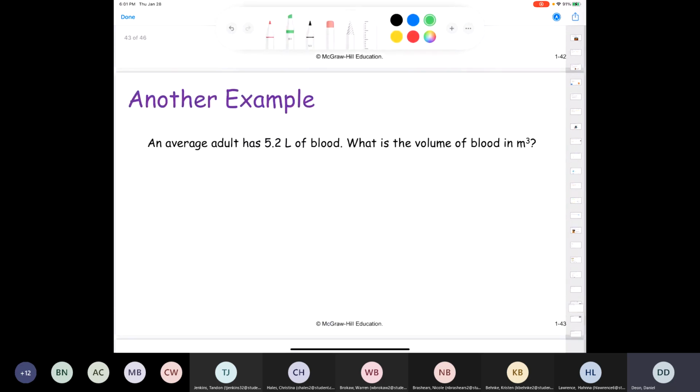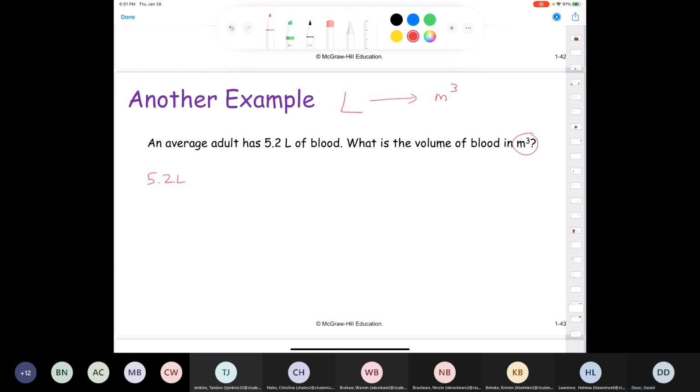And there's no conversion factor given to us. So we kind of have to know how to do this one. You start with 5.2 liters of blood, and you want to convert that into meters cubed. So you need to get from liters to meters cubed directly. Now, even if you don't have the number of liters in a meter cubed memorized, we can still solve this problem, okay?